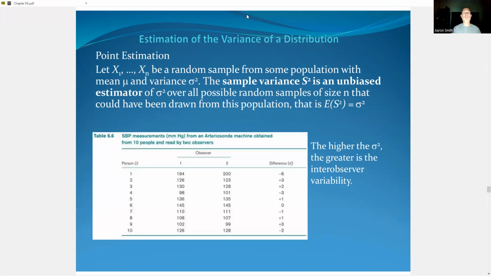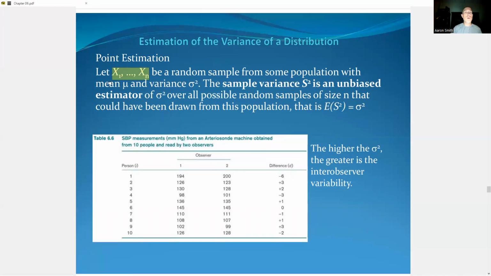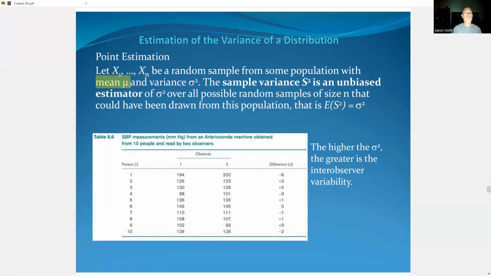All right, so the estimation of the variance of a distribution. Point estimation: let all of our x's be a random sample from some population, independent, identically distributed, with mean mu and variance sigma squared.